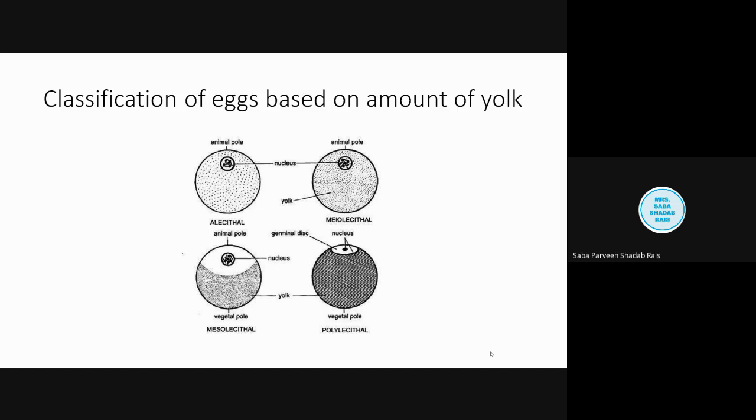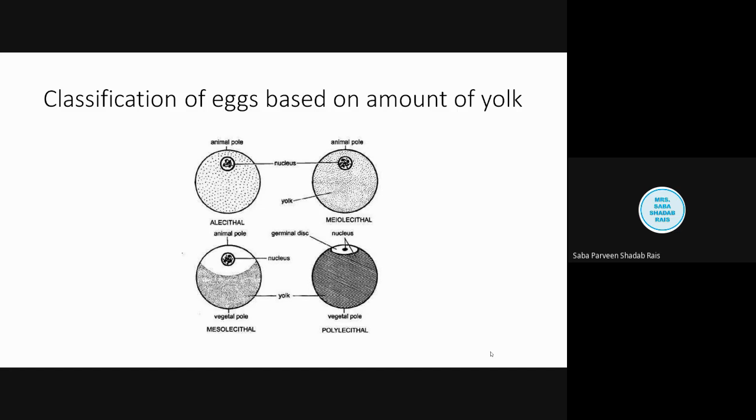Is that clear? On the basis of that, the amount of yolk differs from species to species, animal to animal. So majorly, eggs are classified as the oligolecithal egg and the polylecithal egg.